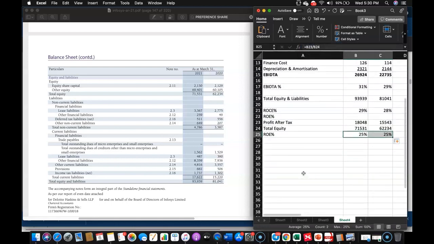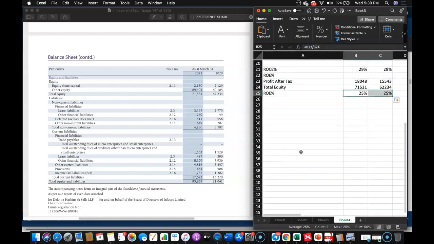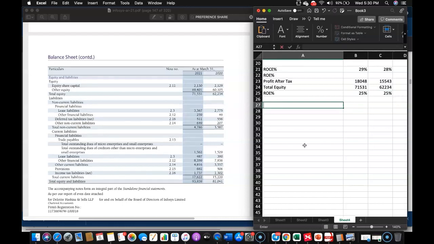Let us also try to understand their liquidity position. Actually, they need not worry much about liquidity because we have seen the amount of cash they are sitting on. But let's measure the basic ratios. Current ratio: we need their current assets and their current liabilities.